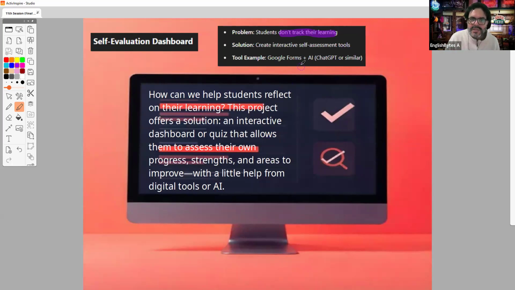Well, this is something you can create. Solution: create an interactive self-assessment tool using Google Forms, which is really easy to do. Any AI, ChatGPT, Gemini, Copilot, you can create them. You remember, for the AI, create an effective prompt.